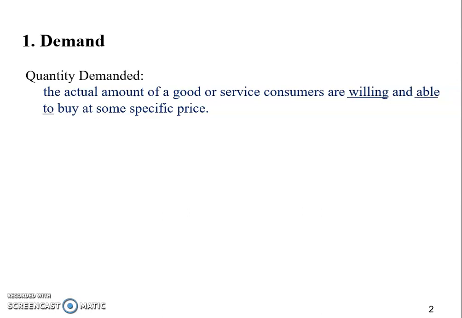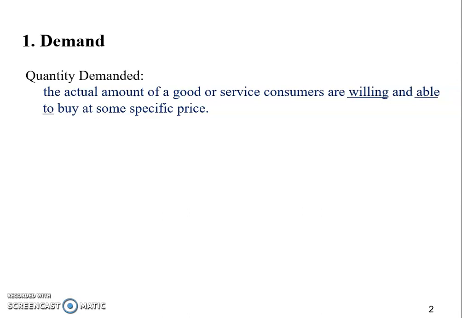The first one, you must be willing to buy. In other words, you have the interest. The second precondition is you should be able to buy. Specifically, in that example, you have enough money in your pocket so you can afford it.